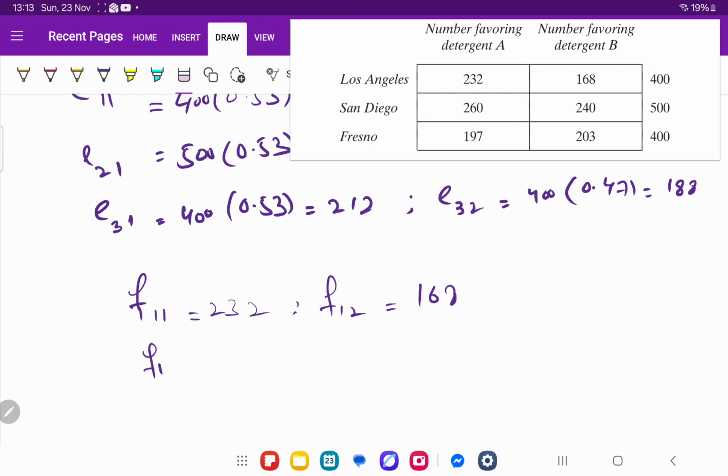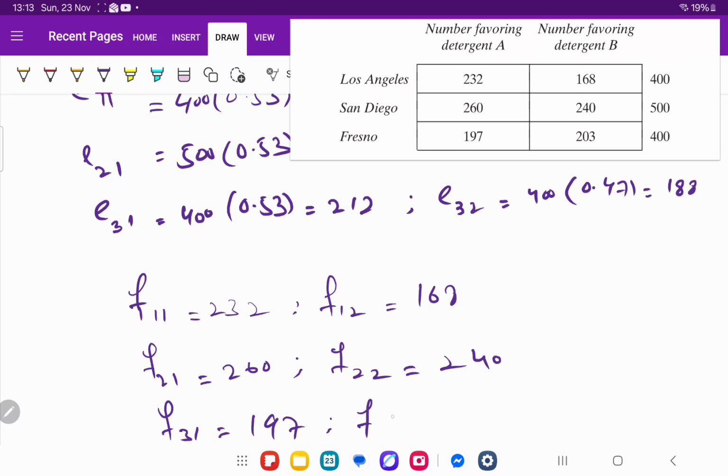F of 21, meaning second row and first column, is 260. Second row, second column, 240. Third row, first column, 197, and third row and second column, 203.